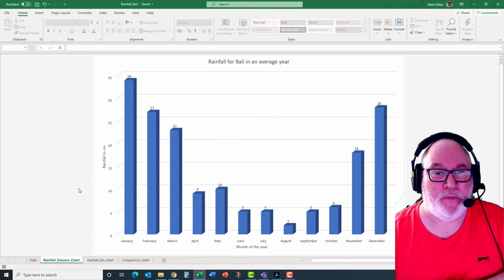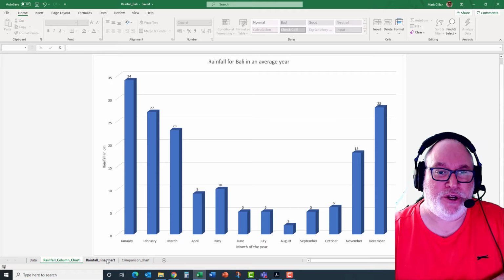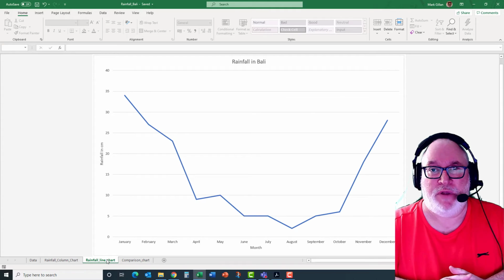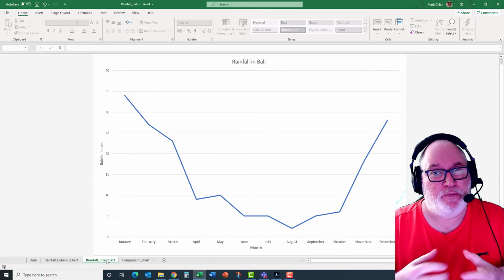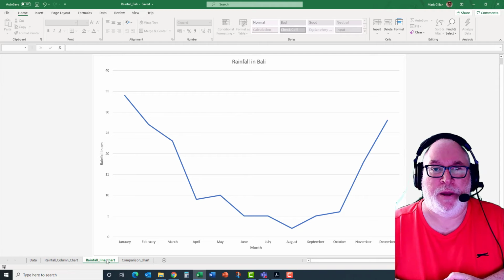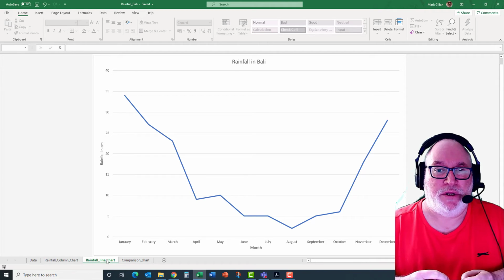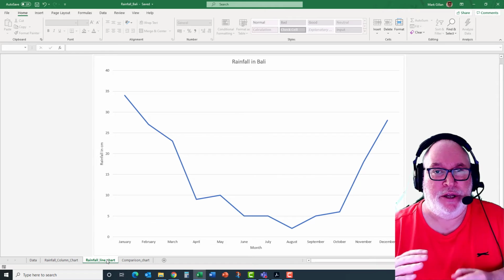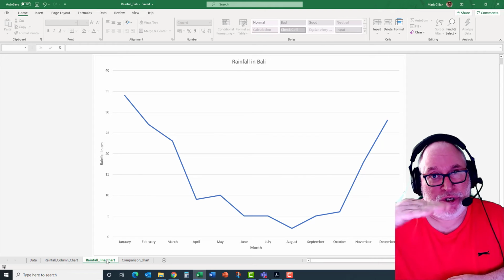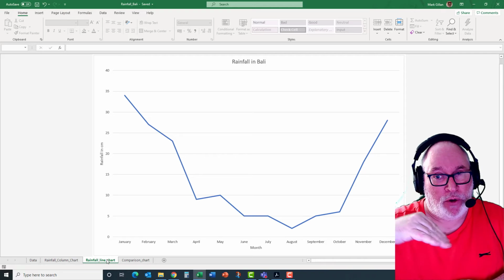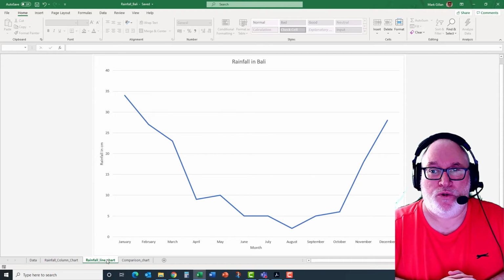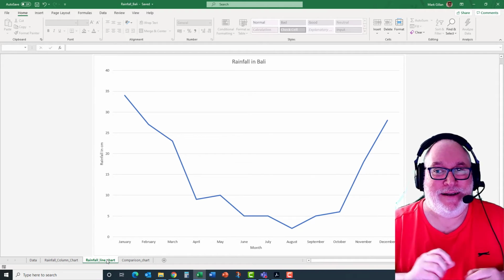If we look at another chart, it's the same data, but it can be seen in a slightly different way. And what we'll do is look to see where there are changes within the chart. So you can see where the line changes, where it's going down, where it's going up. We can also see where there's a greater change.